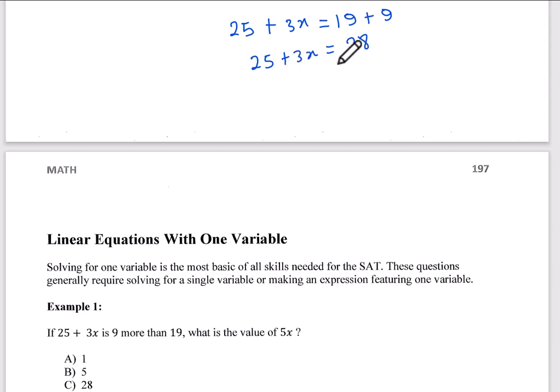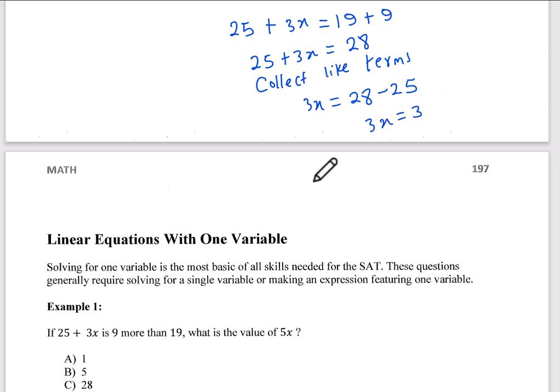From this point, you can just collect like terms or isolate variables. Collecting like terms here gives us, let me just put it down. I like to write my process down. So we have 3x is equal to 28 minus 25, which is 3.